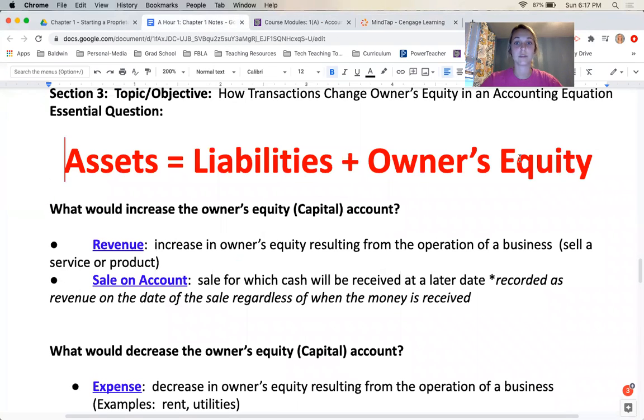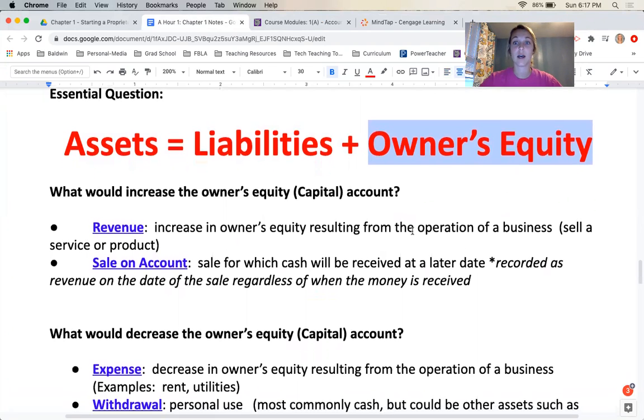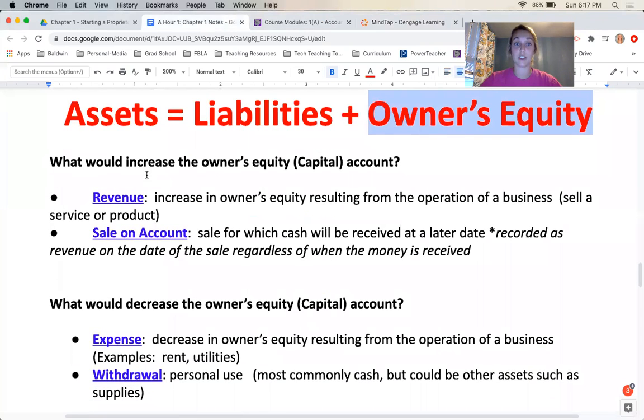So assets equals liabilities plus owner's equity. That is our accounting equation still. Nothing has changed. Last week, we dealt with transactions that changed assets or liabilities, and we also had a couple transactions that dealt with owner's equity. Today, owner's equity is going to be mainly our focus. So how do we increase our capital account, which is how we track what the owner's financial rights are to the business.